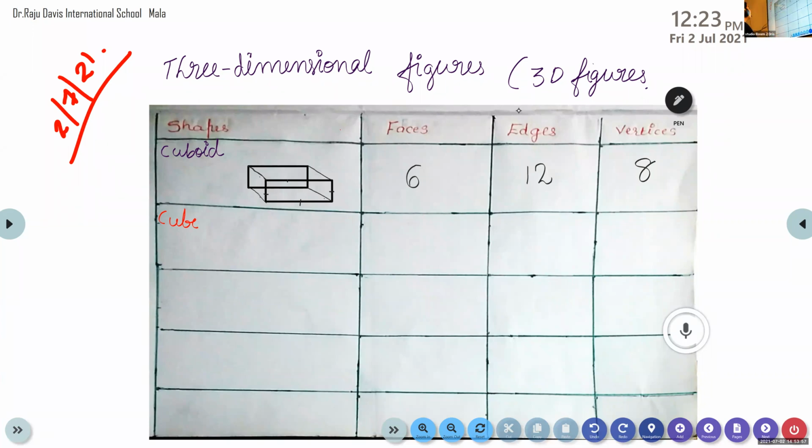Have you all completed the cuboid? Is there anybody left to complete? Somebody is saying yes. Okay. So next we can write cube.